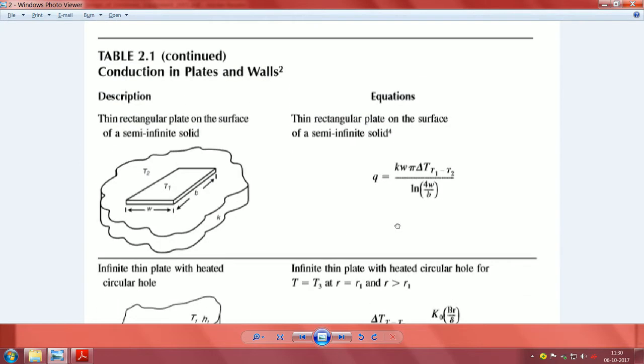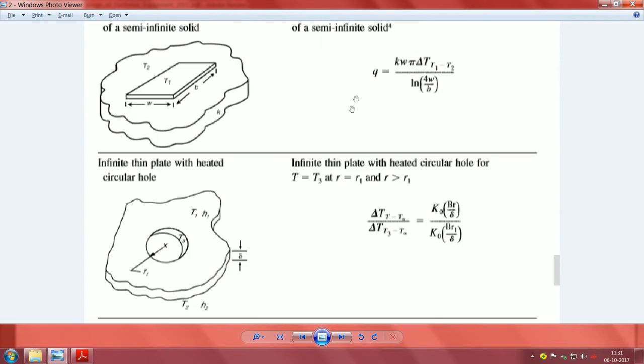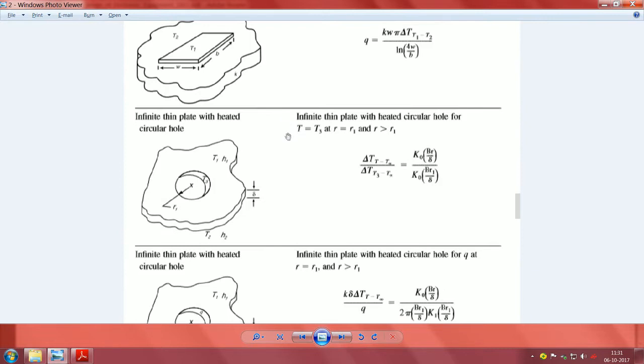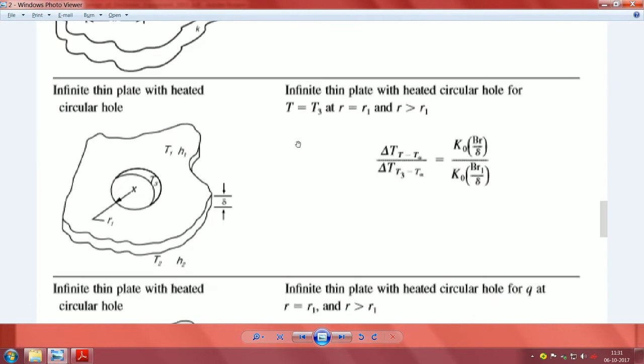Similarly, this is a semi-infinite solid and this one is a heated circular hole. As I have pointed out earlier, something called the stud mounted transistors. If any of you remember old RF stud transistors, typically the 3375 and those things, they approximate to this.